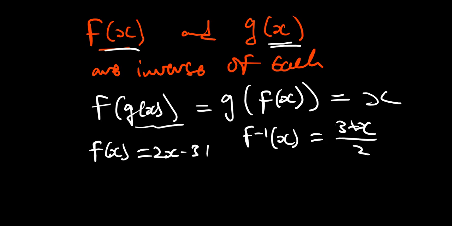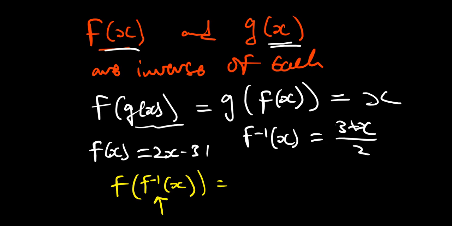It means that when you find the composition of these two functions, it's always going to give you what? x. So let's try. Let's say we find f of f inverse like this. This simply means that wherever there's x, we are now putting the whole inverse function.